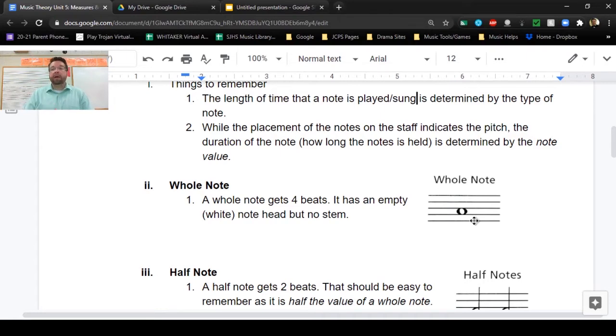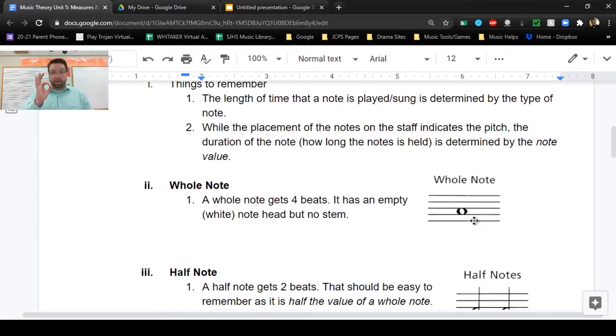It's that steady underlying pulse. Each one of these notes that you're going to see holds a certain number of beats of that underlying rhythm. So it gets 4 beats. It is empty, white, and there's no stem. That's how you know it's a whole note.